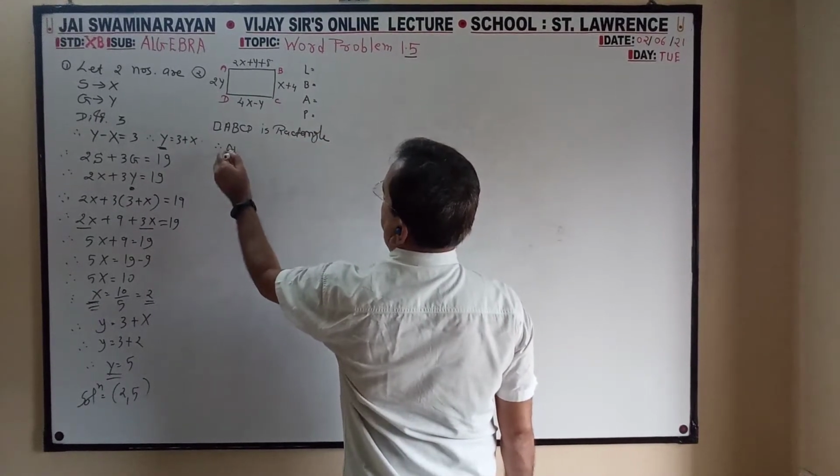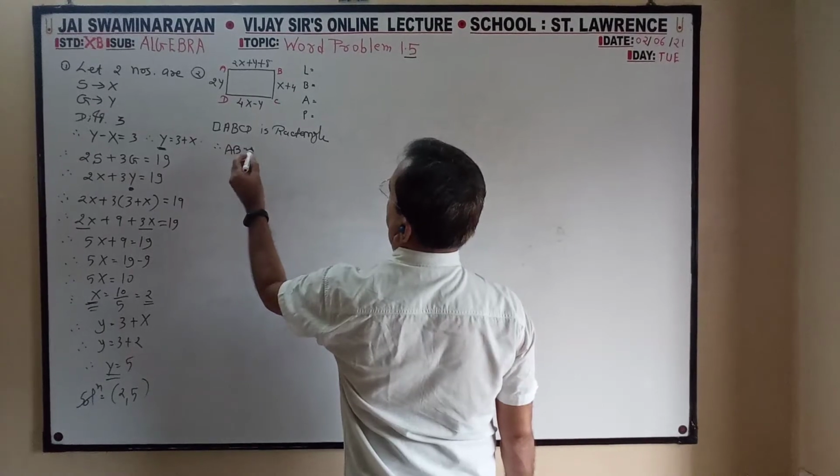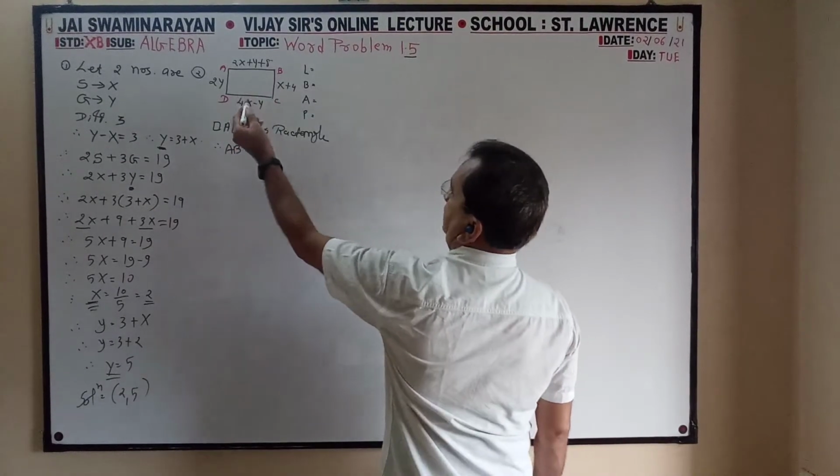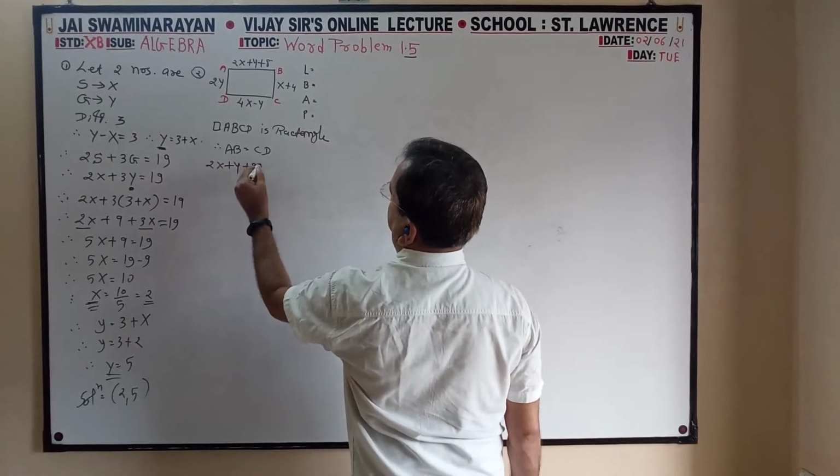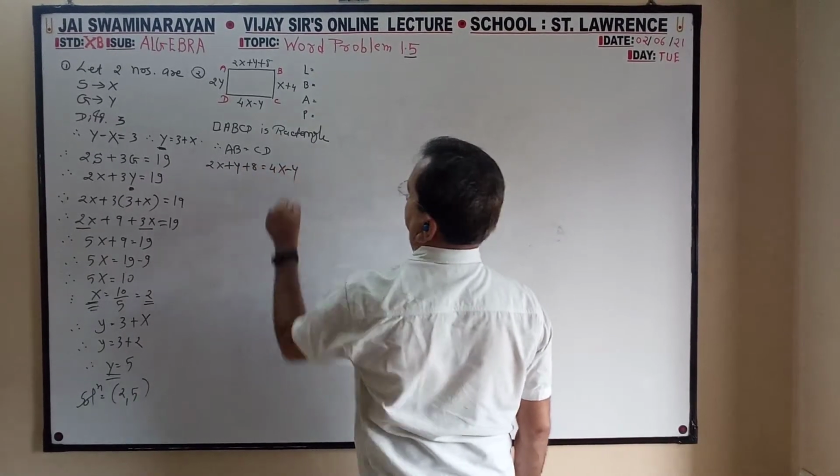Therefore AB is equal to CD. AB is equal to CD means 2x plus y plus 8 is equal to 4x minus y.